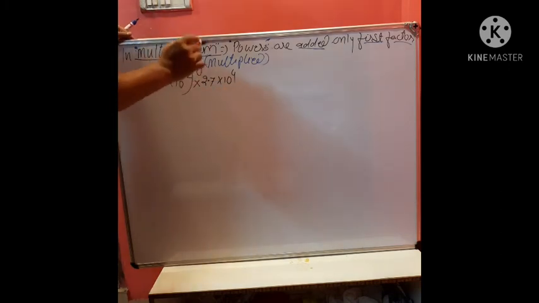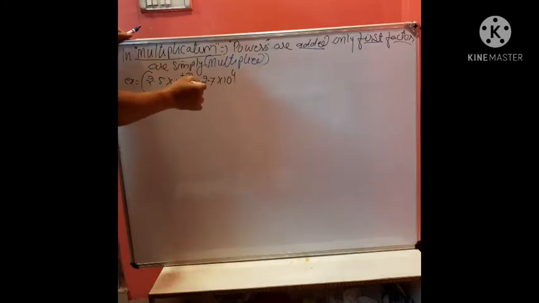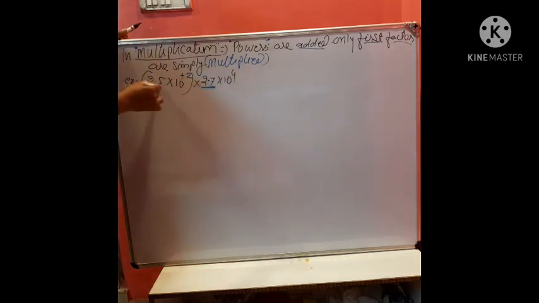We simply multiply the first factors. Which one is the first factor? This one is the first factor. So 2.5 into 10 to power 2 multiplied by 2.7 into 10 to power 4.